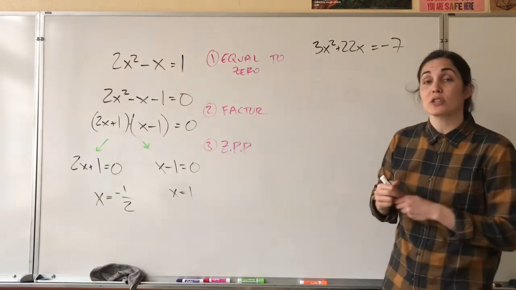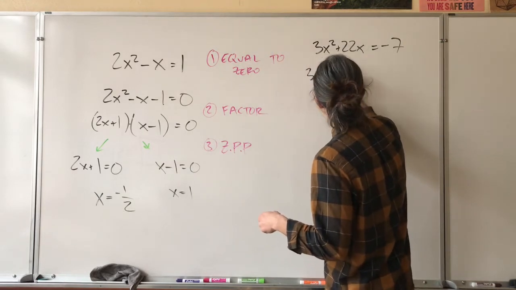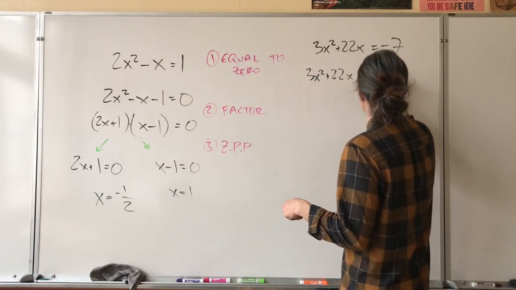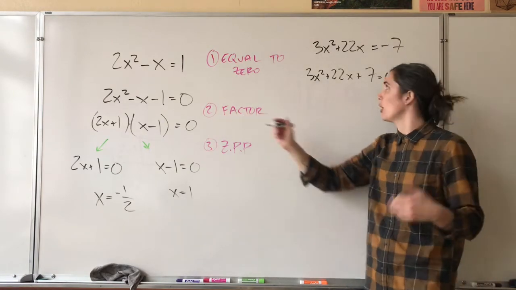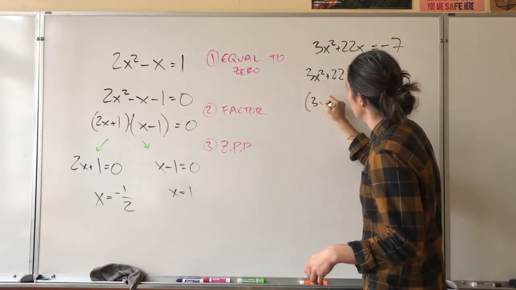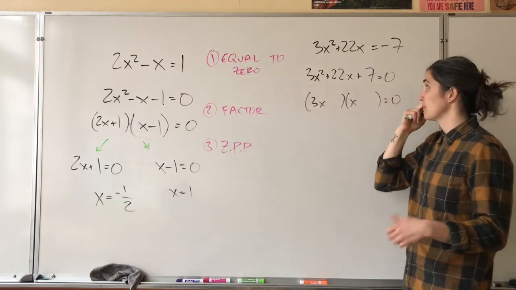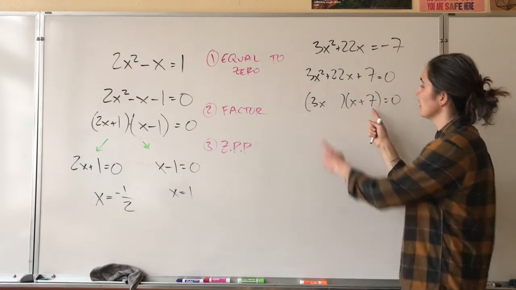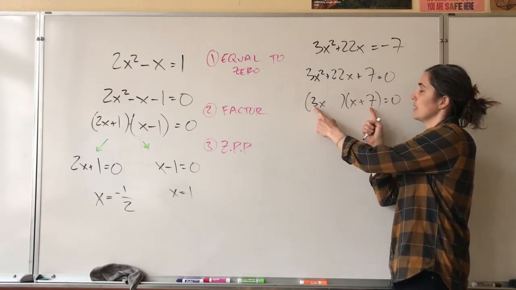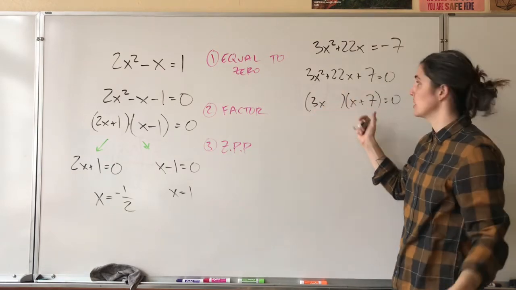Here, of course, first I need it to be equal to 0. And now I need to factor. Factoring is certainly the trickiest part of this. Let's see how I do here. Multiplies together to be 7. That means my options are 7 and 1. So I'm making this a 7 because that'll get multiplied by 3x. 3x times 7 is 21.